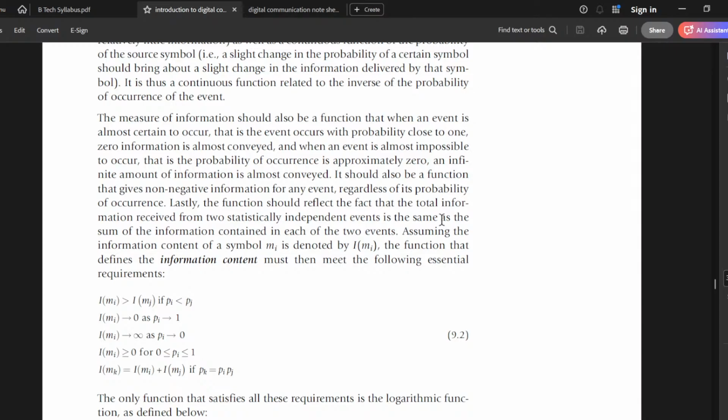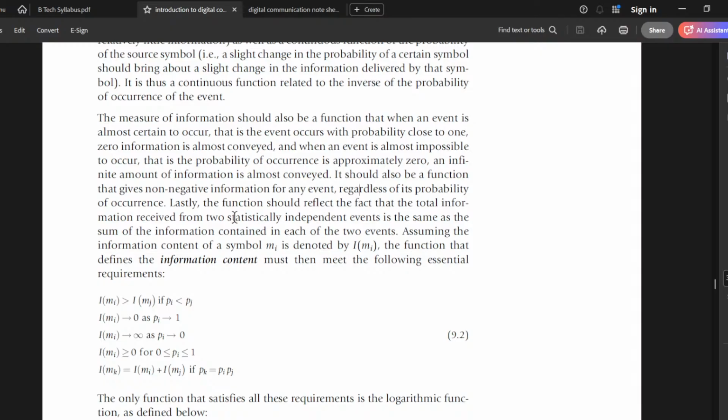If P is very close to 0, then infinite information. Second condition was it should also be a function that gives non-negative information. So non-negative info.